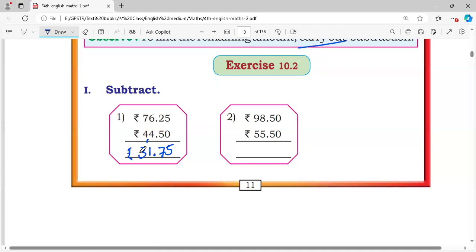This is 31 rupees 75 paise. 0 minus 0, 0. 5 minus 5, 0. 8 minus 5, 3. 9 minus 5, 4. 43 rupees.